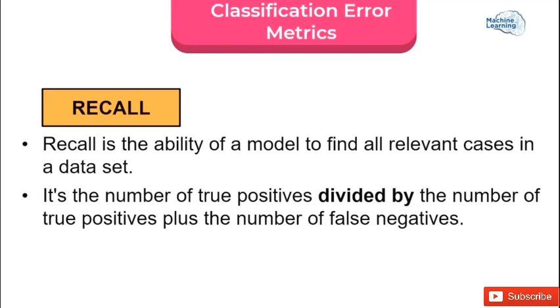Recall is the ability of a model to find all relevant cases in a data set. And the exact definition of recall is the number of what are known as true positives. And we'll focus on that later on when we see the confusion matrix. But it's the number of true positives divided by the number of true positives plus the number of false positives.